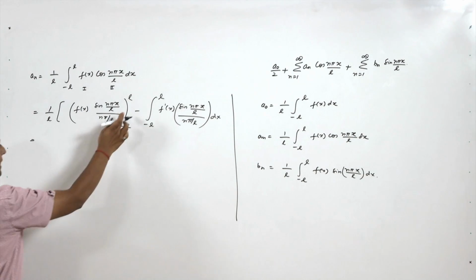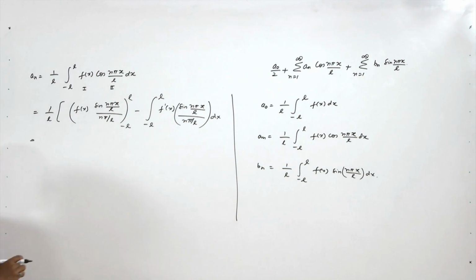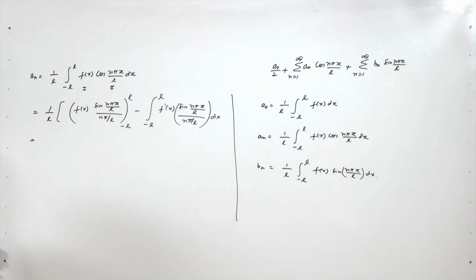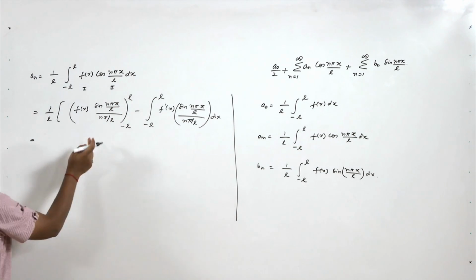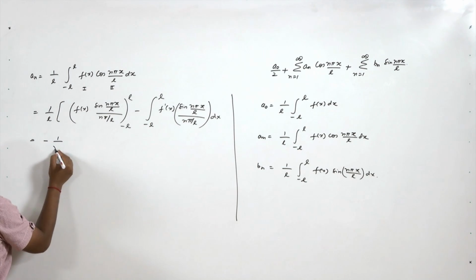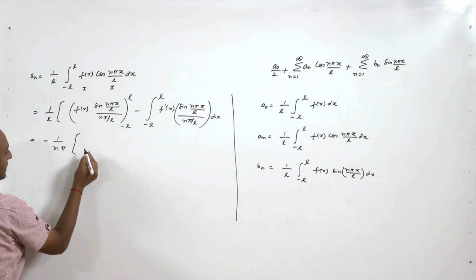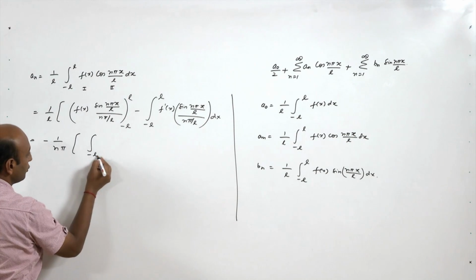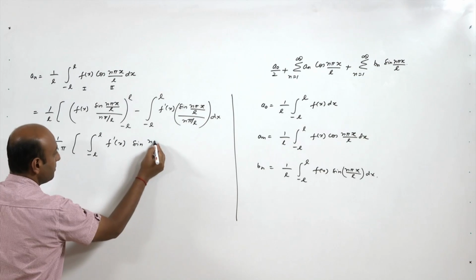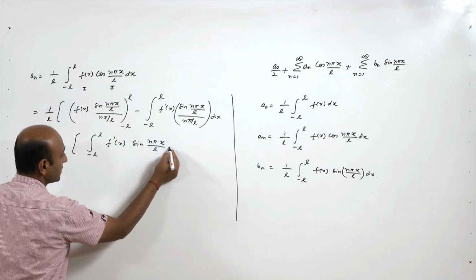Now, when x is L, it is sin n pi which is 0, and when x is minus L, it is sin minus n pi which is again 0. This first term is 0, so L cancels out and it is minus 1 upon n pi integral minus L to plus L f dash sin n pi x by L dx.